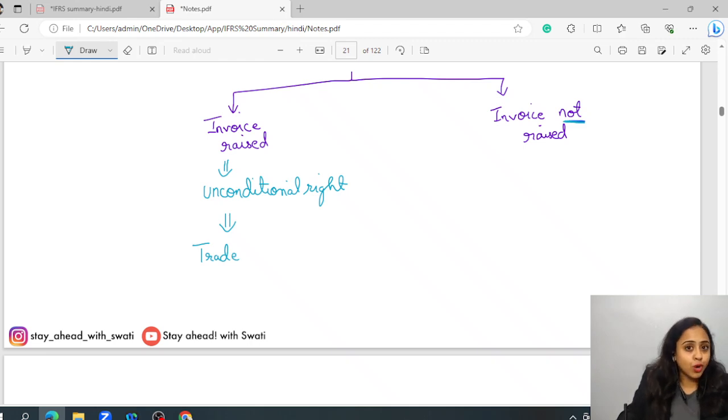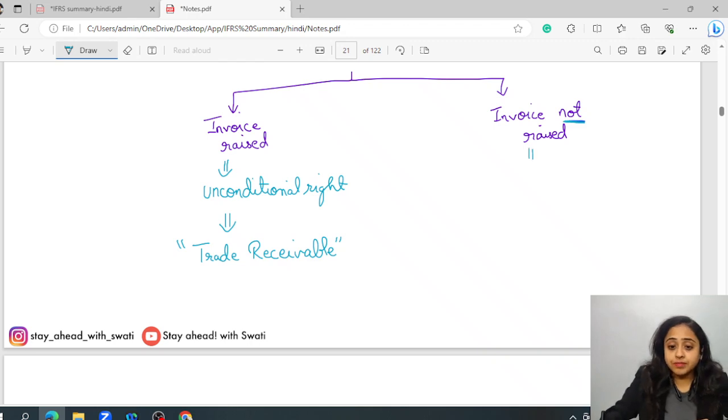Any amount for which the invoice has been raised means an unconditional right, and you can record that amount as trade receivable, or you can say debtors.